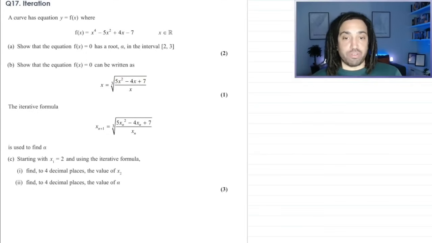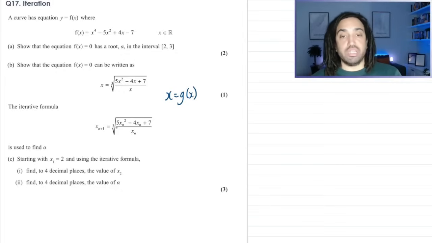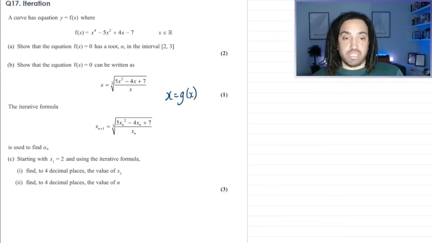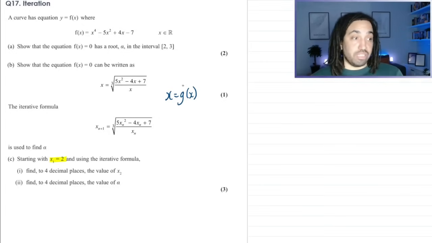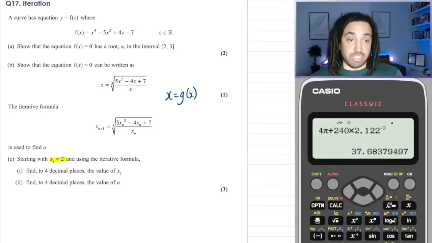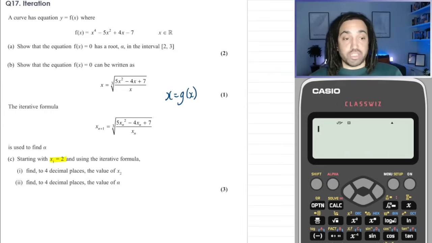Okay, now we've got the iterative formula, which comes from this x equals g of x rearrangement, and it says it's used to find alpha, and we are starting with x equals 2. So this is all calculator work here, and this is, I think, the most fun you're going to have in your maths exam. So you press 2 equals, so that 2 is now stored as the current answer in your calculator.